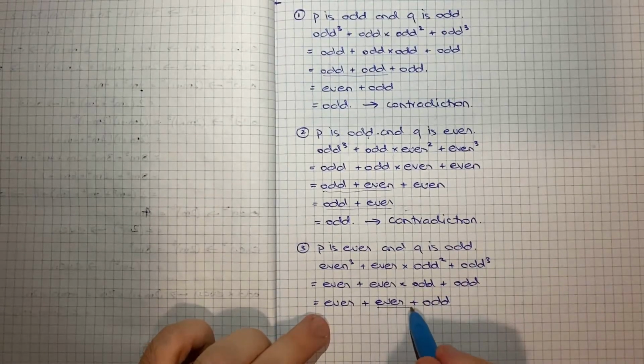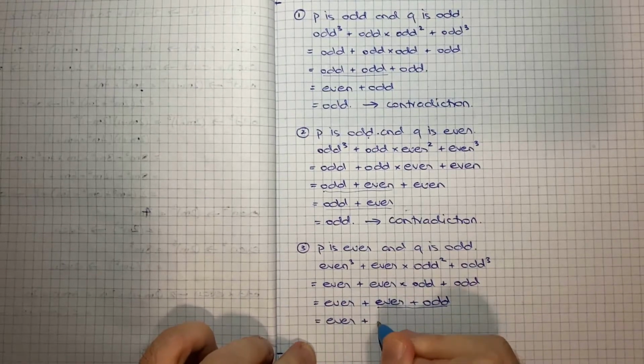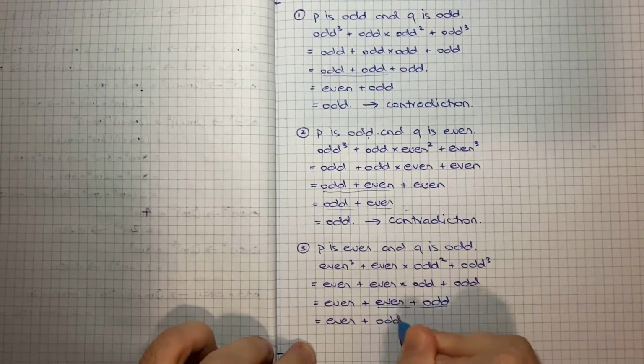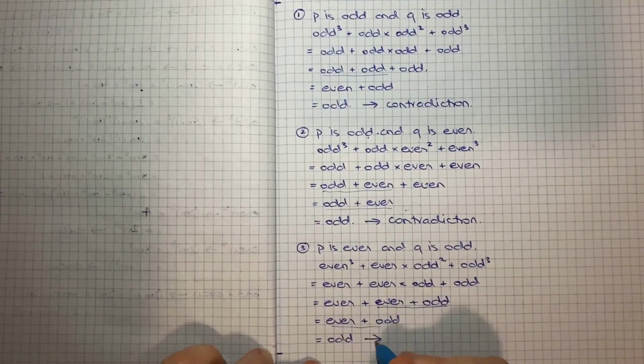This even plus odd will give us odd, so we'll get even plus odd, and then this even plus odd would get us odd again. So contradiction.